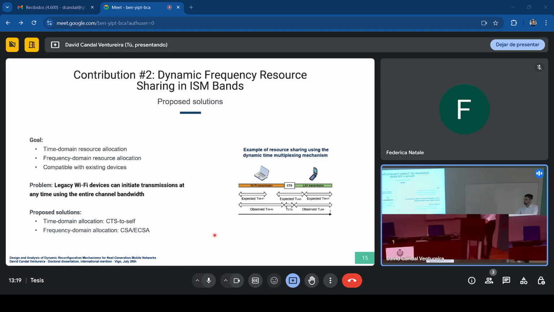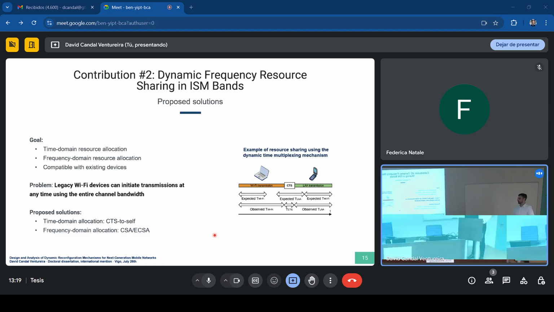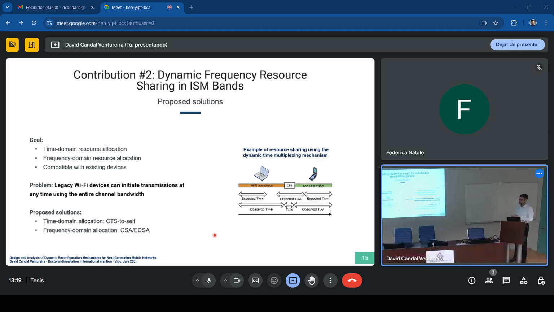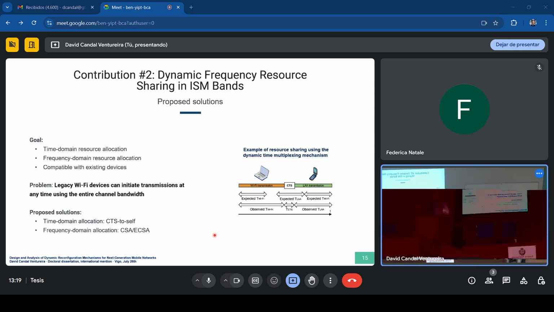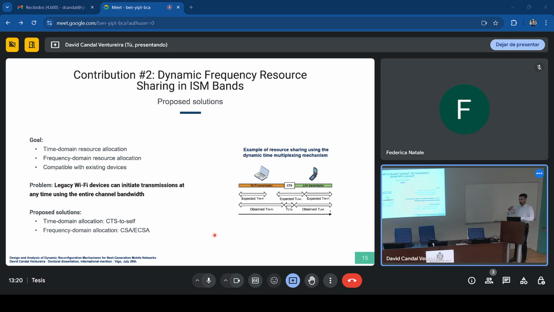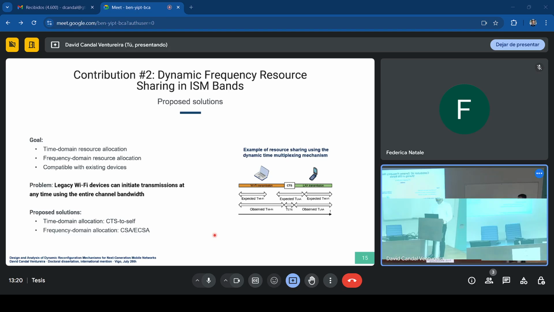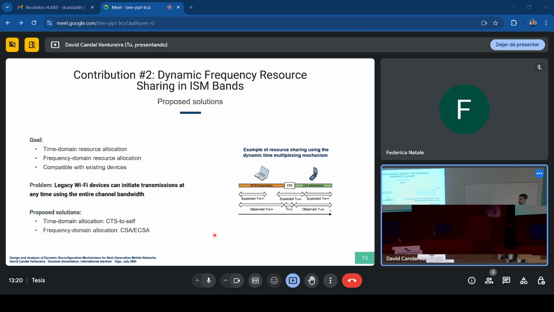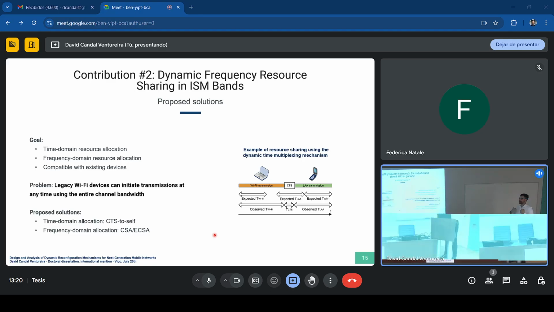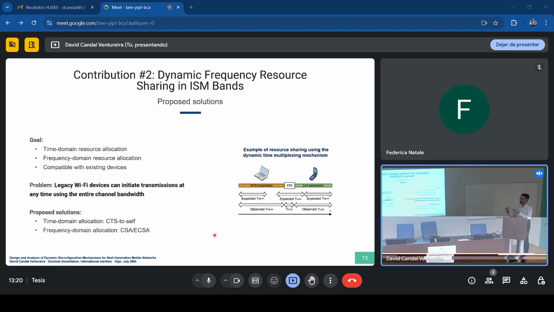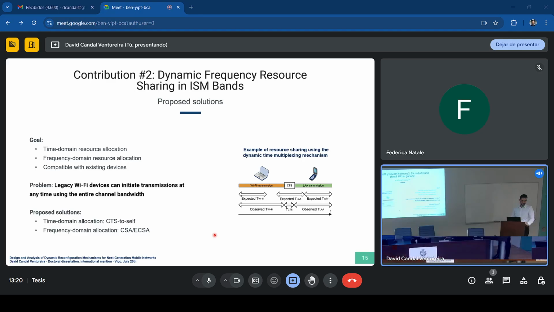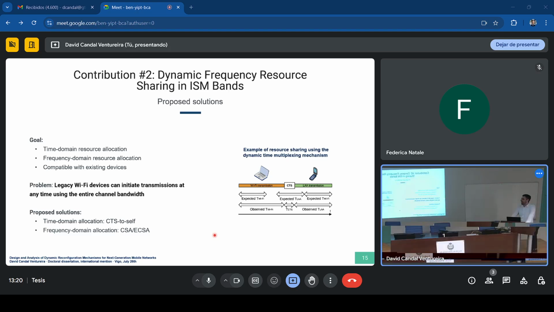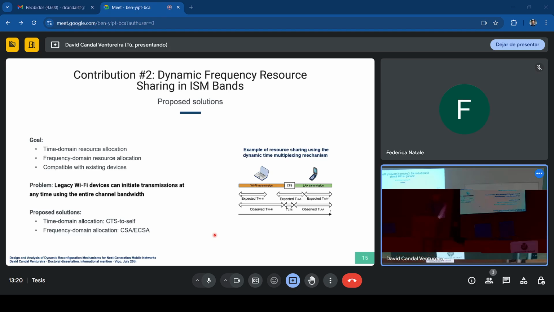I guess what you mean is that if you plan to split the time at which one technology and the other transmit, for example 10 milliseconds one, then the other, what can happen is this.